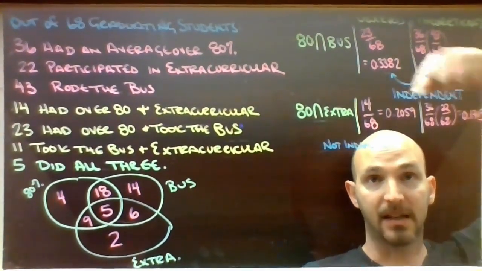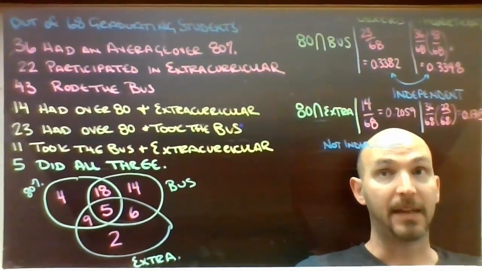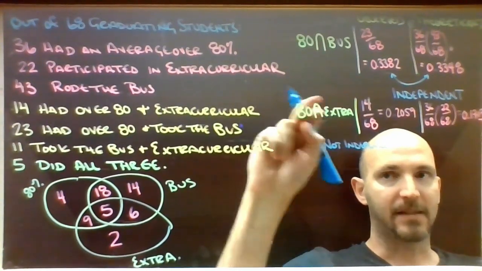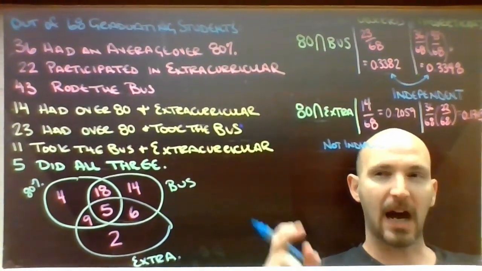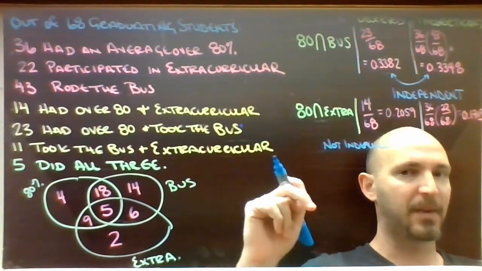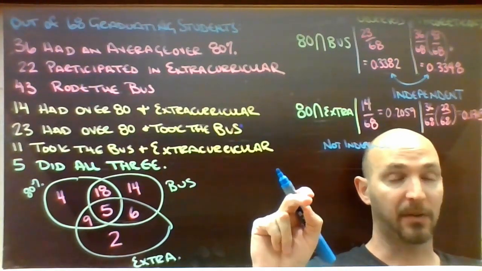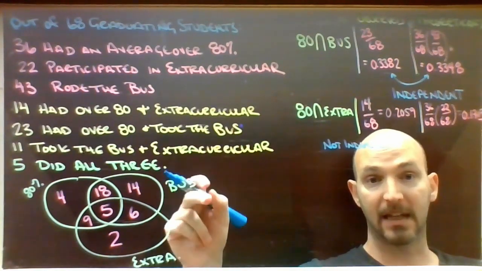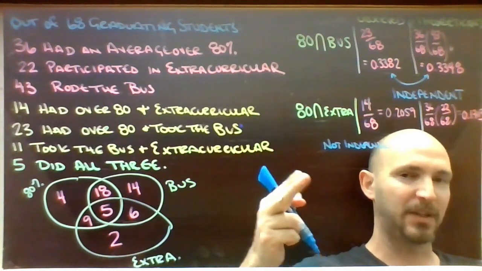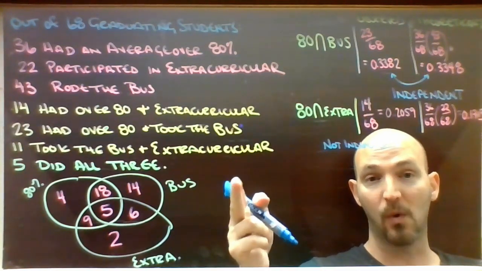In fact, because the observed probability is higher than the theoretical probability, there is evidence here to suggest that these two things encourage each other. Either getting an 80% average encourages you to participate in extracurricular activities, or participating in extracurricular activities encourages you to get an 80% or more, or the people who are inclined to being in extracurriculars are also people who are inclined to getting an 80 or more.